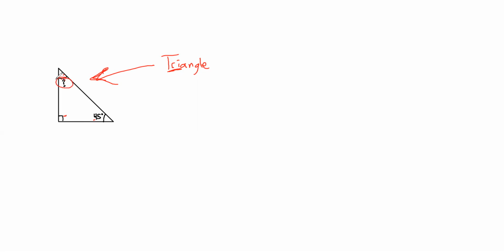you can easily figure that out because in a triangle, if you were to unfold all three of those angles, you would have a total of 180 degrees. And 180 degrees is two 90-degree angles.